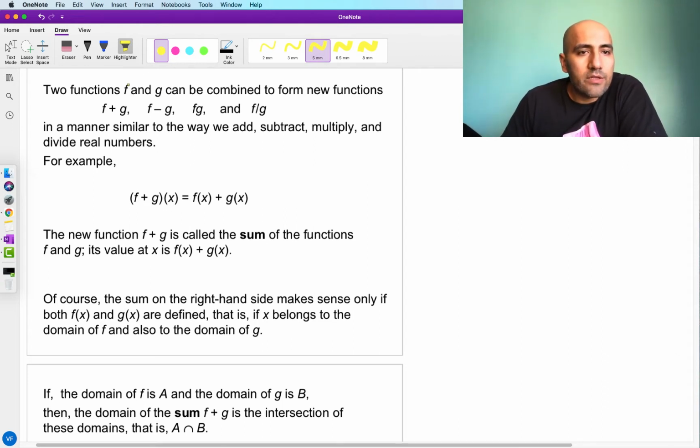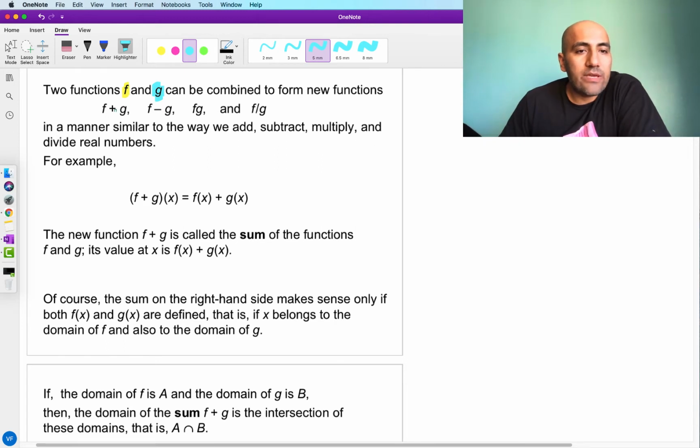What we want to do is identify f as a function, and we want to identify g as a function, right? So f could be like 2 plus x, or g could be x squared minus 1, right? Something. It's some sort of a function, and we want to define a new function, which comes as the result of adding those two functions, and then we want to come up with a name for that function.